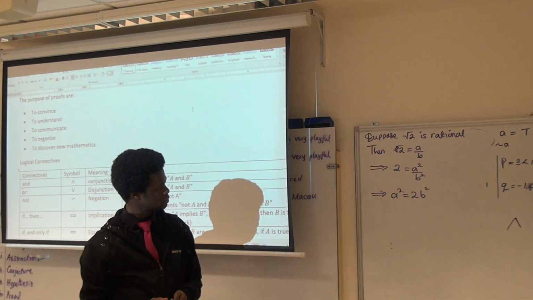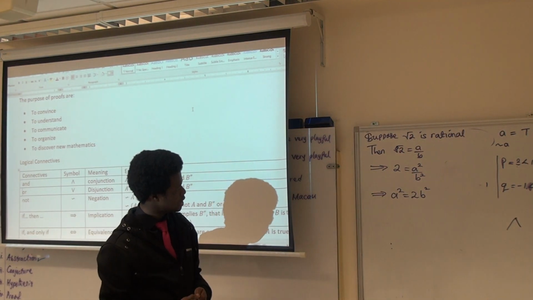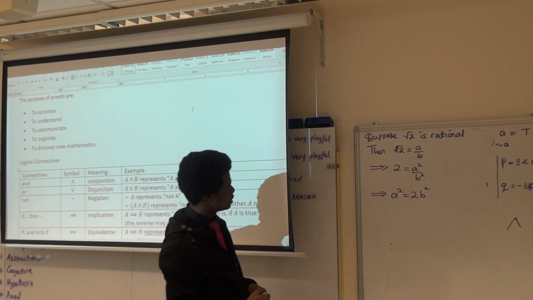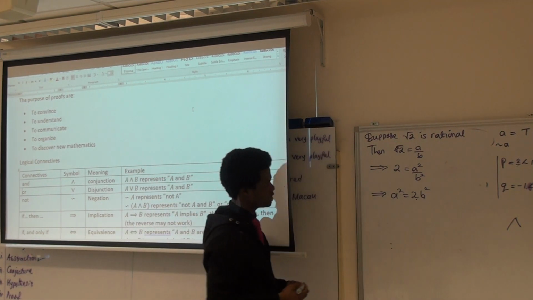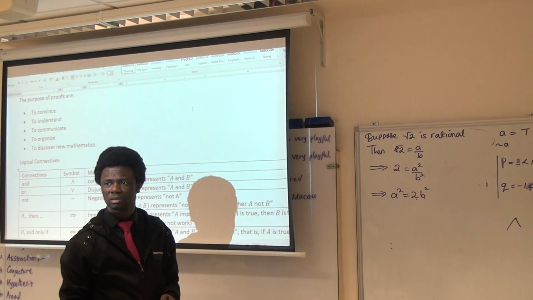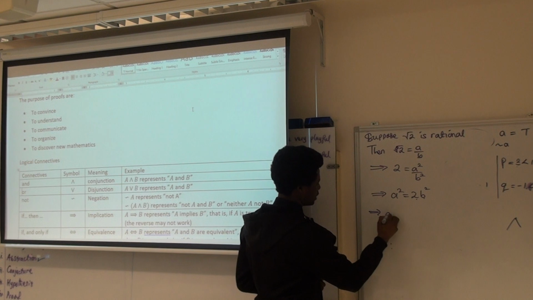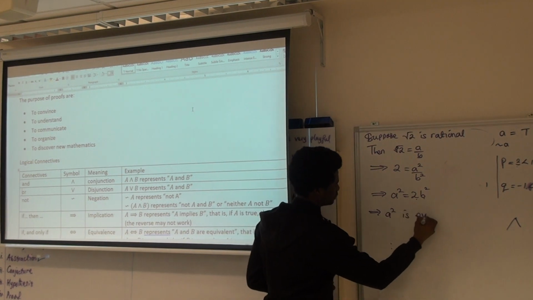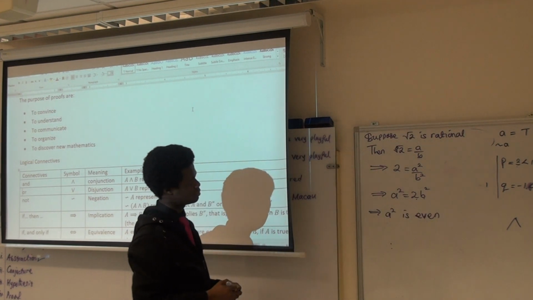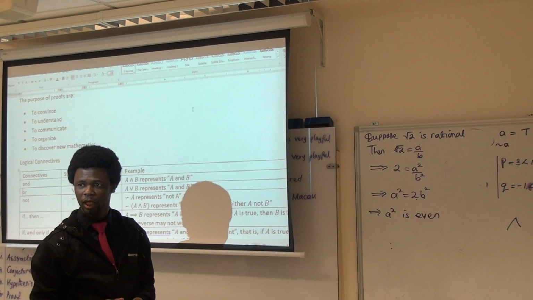Actually, what this means is that whatever this is times 2 makes it even, right? So what this means is that A squared is even. Do you agree?